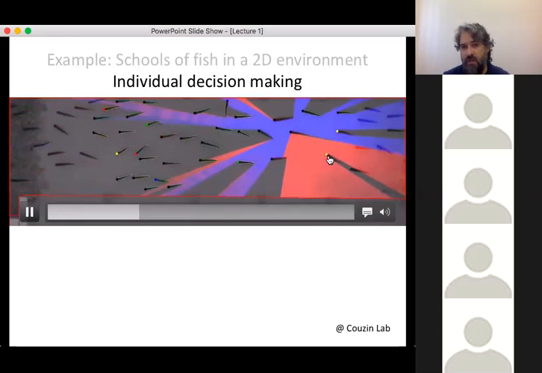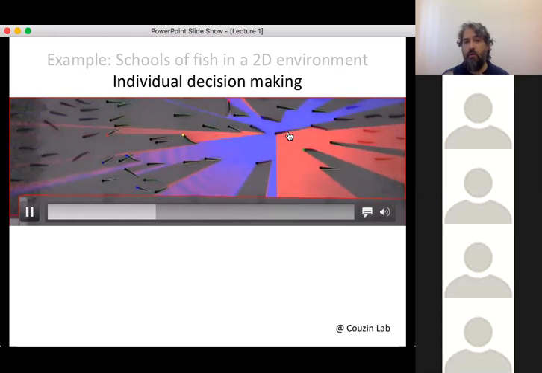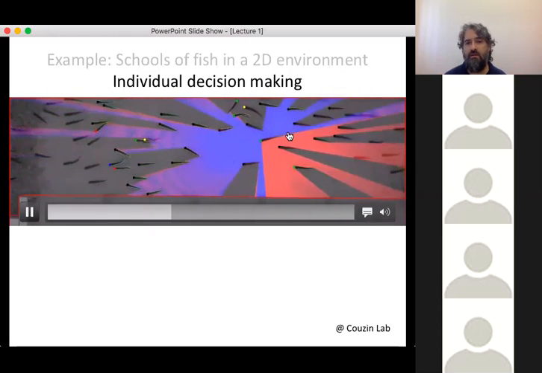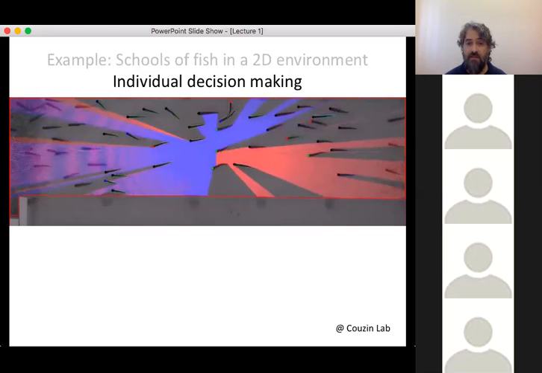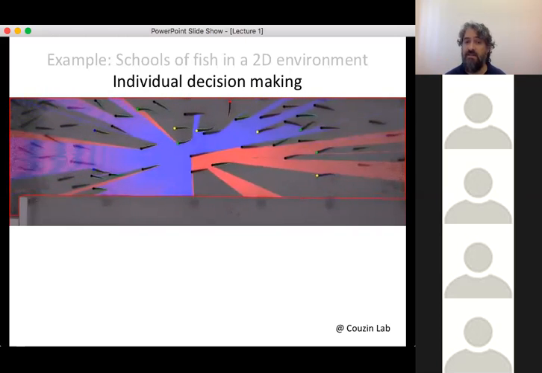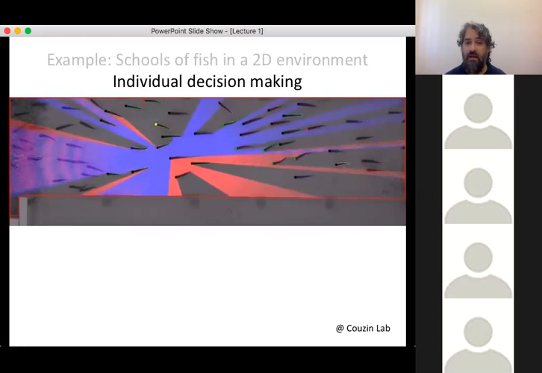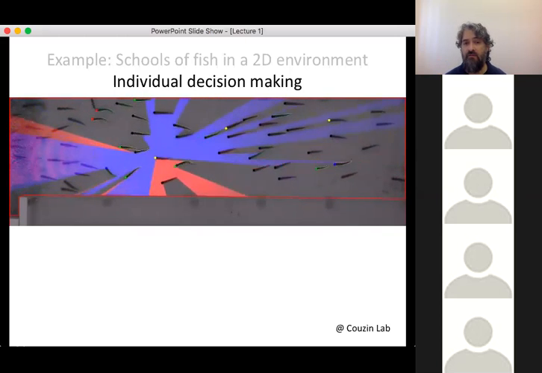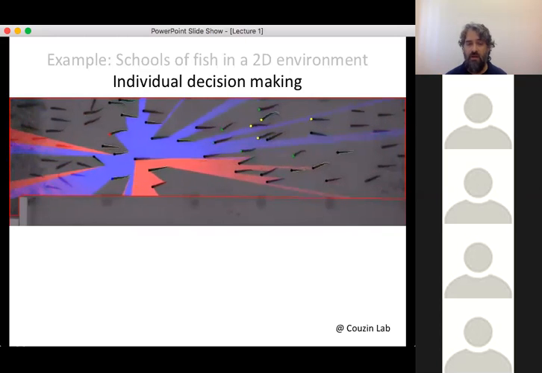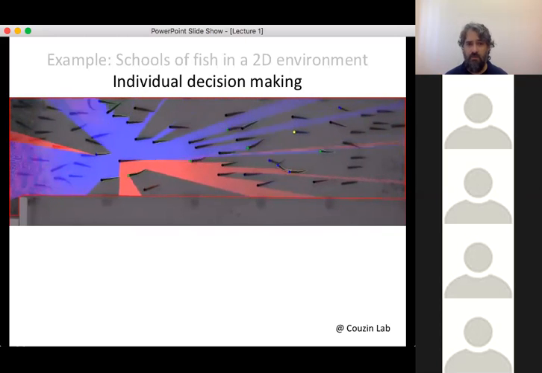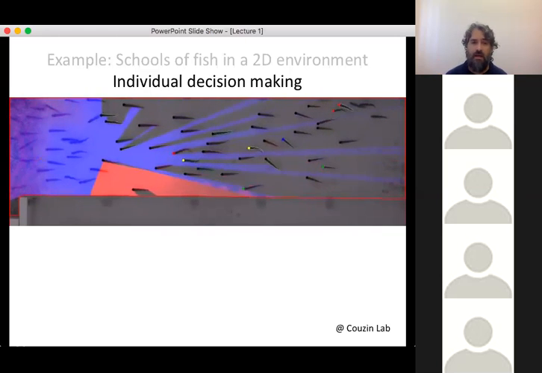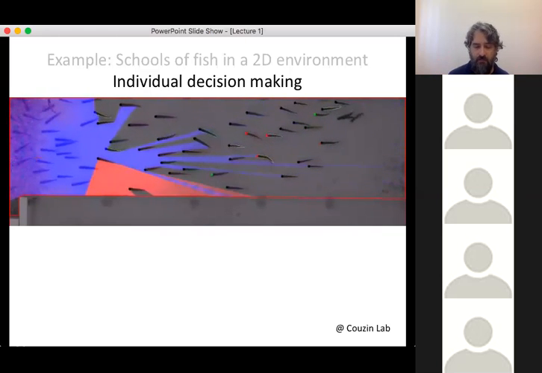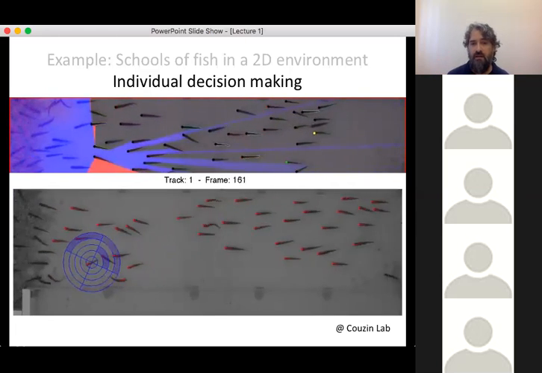For each fish, they study its cone of vision. So the question that this analysis tries to answer is, what is a given fish seeing? And then obviously, how can the fish use the information it has access to, so what it actually sees, in order to take decisions?